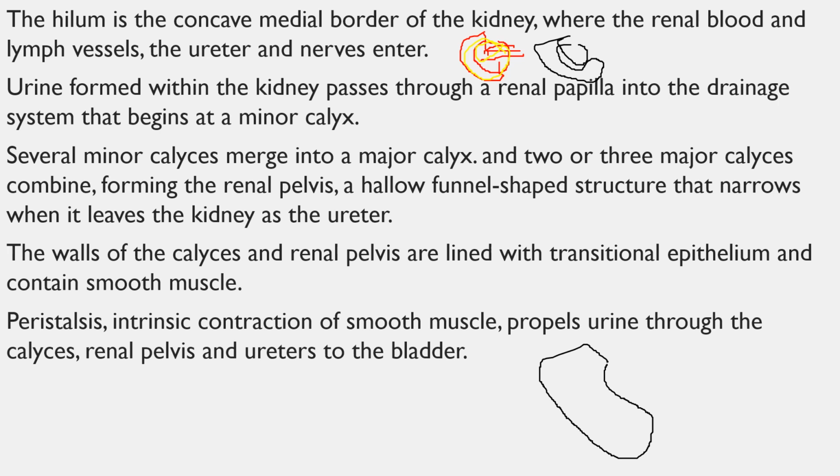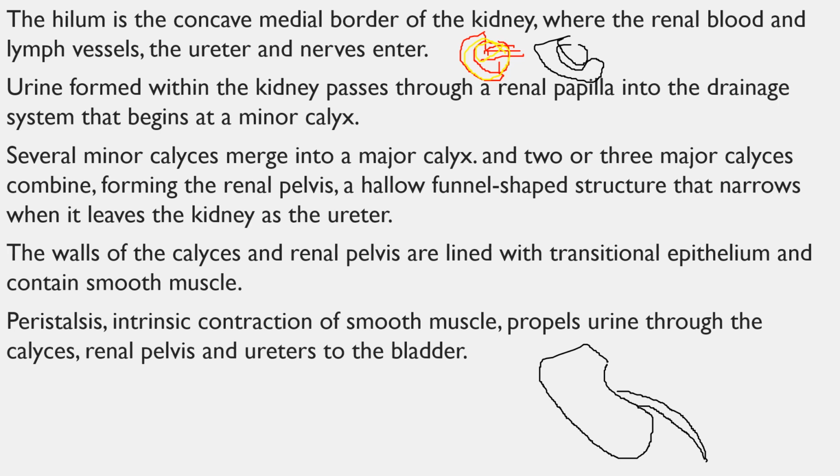When these combine, they end up forming the renal pelvis, a hollow funnel-shaped structure that narrows when it leaves the kidney as the ureter. The final organ here is the ureter. You don't need to confuse the ureter with the urethra, the other one, which ends with an a.